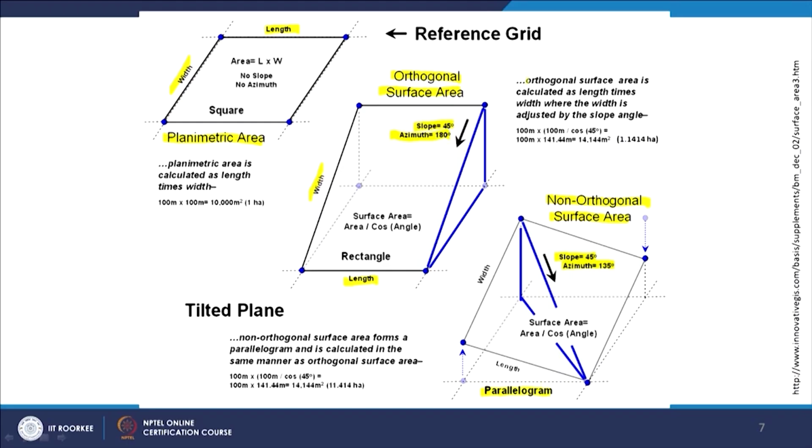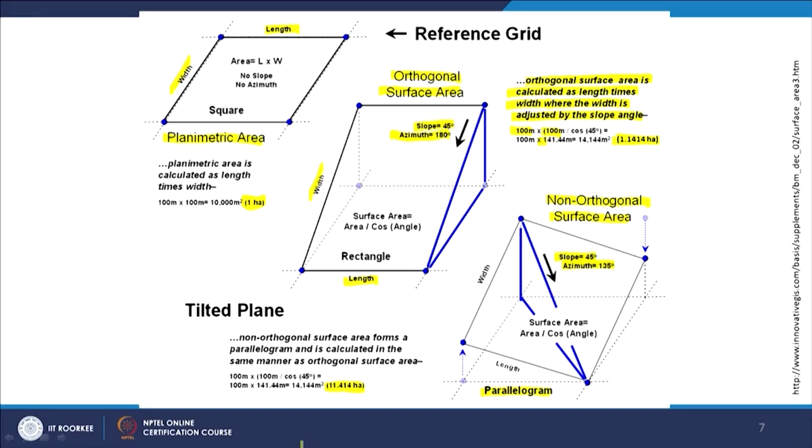So in orthogonal, surface area is calculated as length times width, whereas the width is adjusted by the slope angle. The example is given here: 100 meter multiplied by 100 meter divided by cos 45 degrees, you ultimately come to 1.4142 hectare. If I do it in a planimetric fashion using a toposheet, that area comes to just 1 hectare.